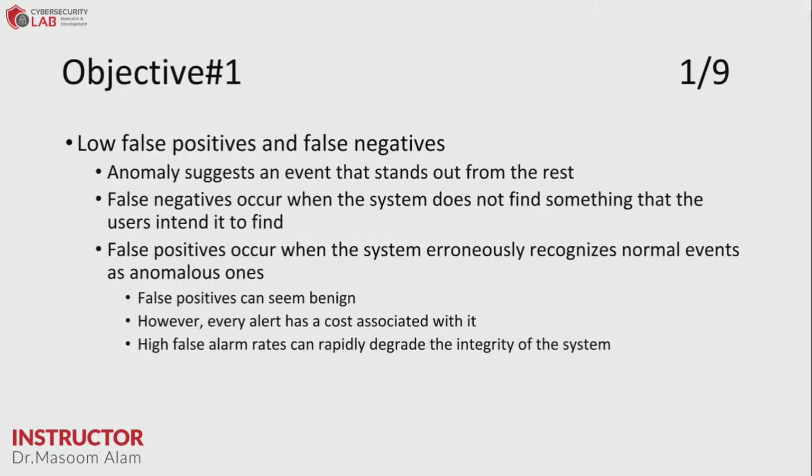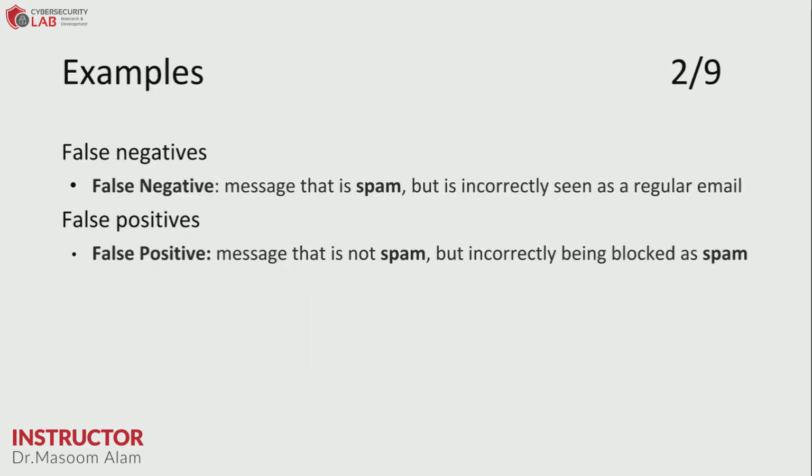That is going to hurt the integrity of the system, and soon people are not going to believe such a system. An example of this objective is a false negative, where a message that is spam is incorrectly seen as a regular email, and a false positive, where the message was not spam but is incorrectly blocked as spam.